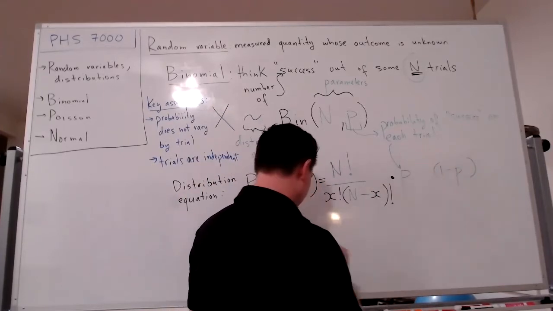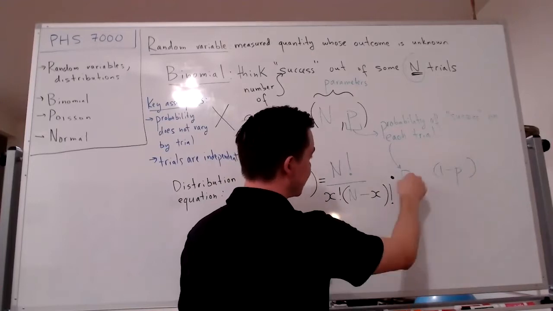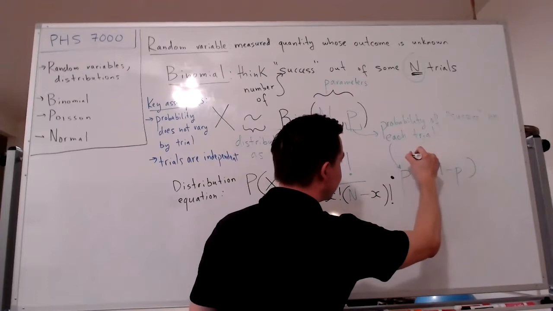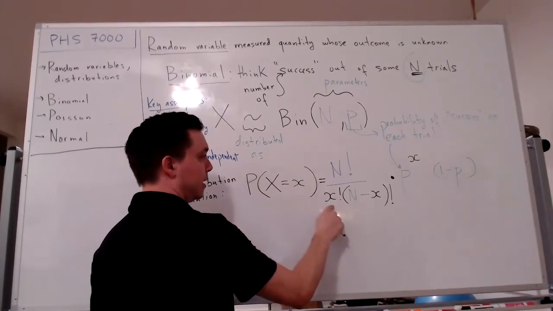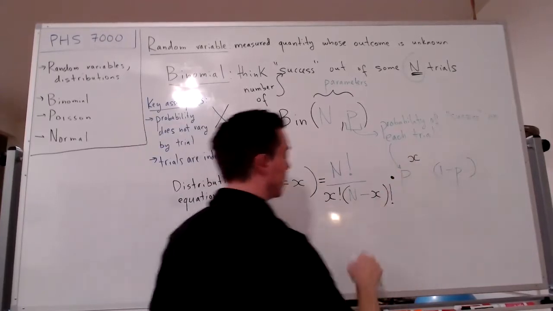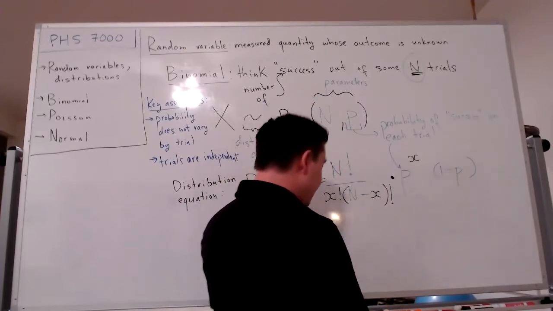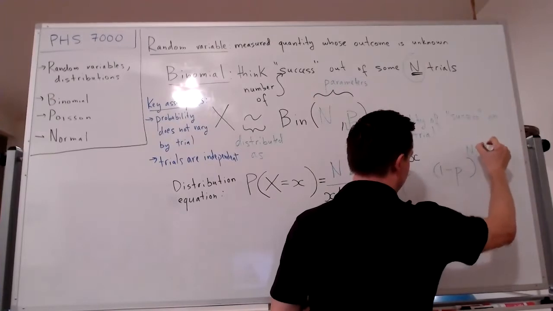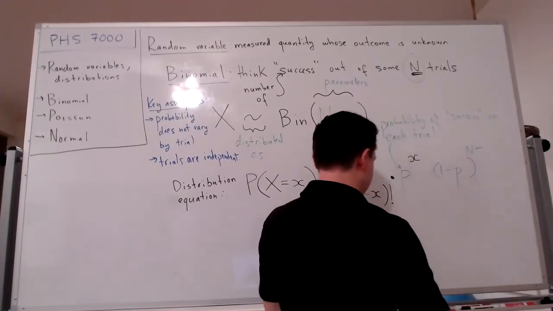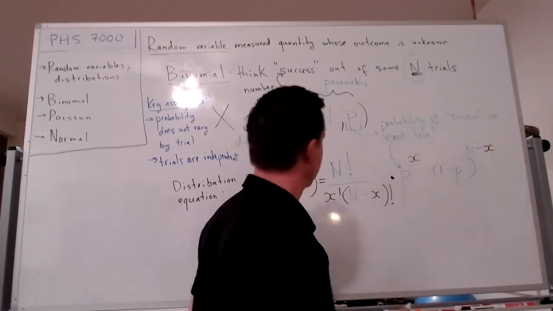And then these are raised to a power. So this is the probability of success raised to the number of successes, and this is the probability of failure raised to the number of failures. I'm saying it like this so that the equation makes maybe a tiny bit of sense.